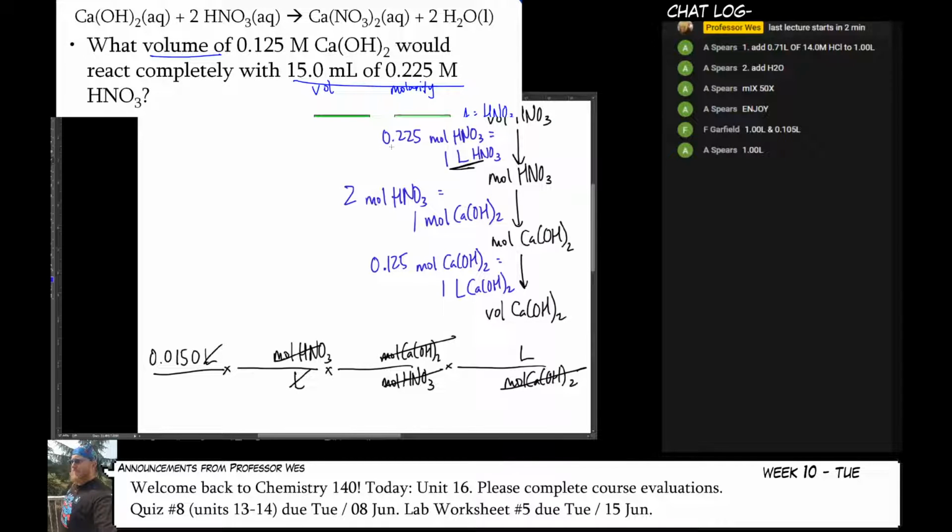Let's go fill in the numbers. So there are 0.225 moles of nitric acid per liter. There are 2 nitric acids per 1 calcium hydroxide. And the concentration of calcium hydroxide is 0.125 moles per liter. So this will give us a volume in liters.